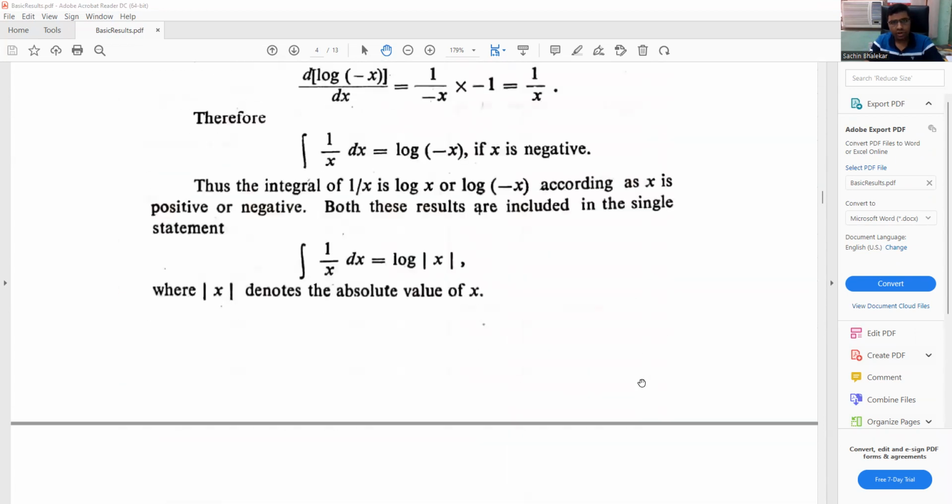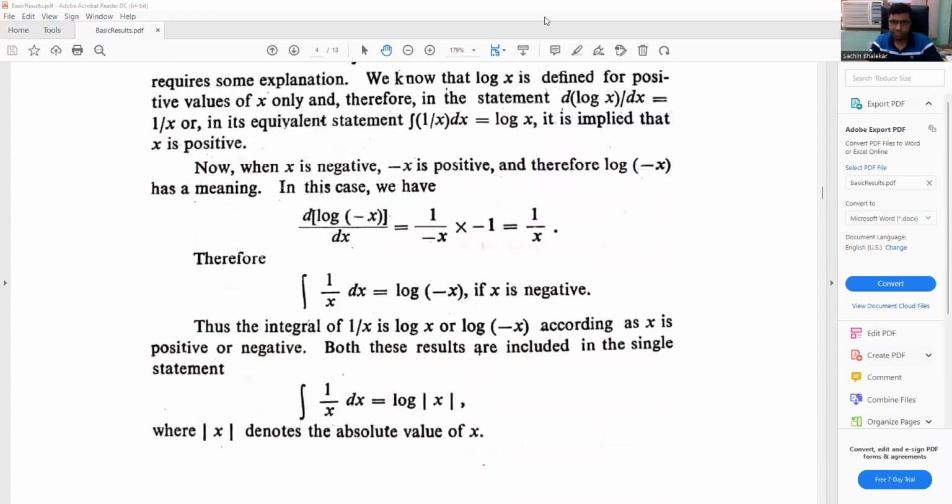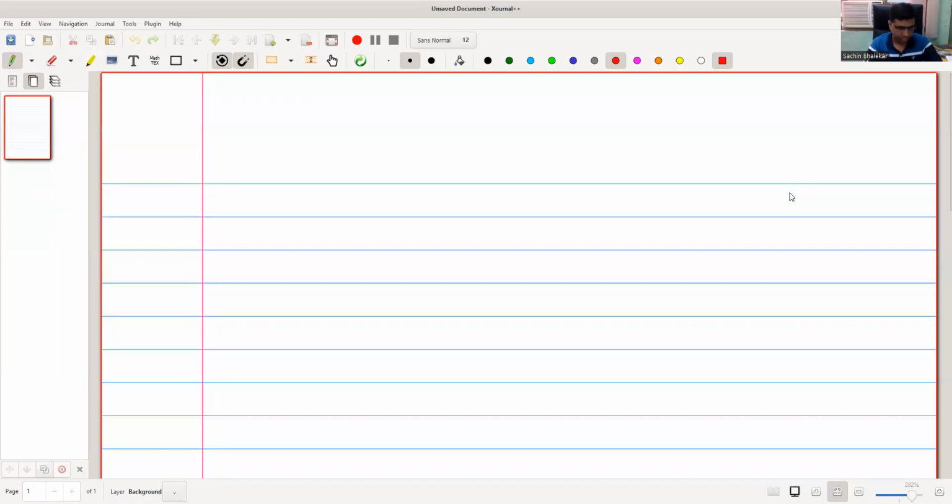Now let us solve some examples. Example 1.